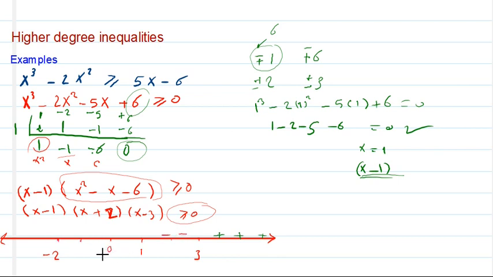Between -2 and 1, let's take 0. Minus 1 is negative. 0 plus 2 is positive. 0 minus 3 is negative. Negative multiplied with negative gives us a positive sign.